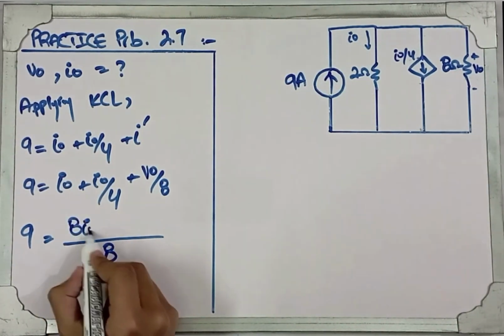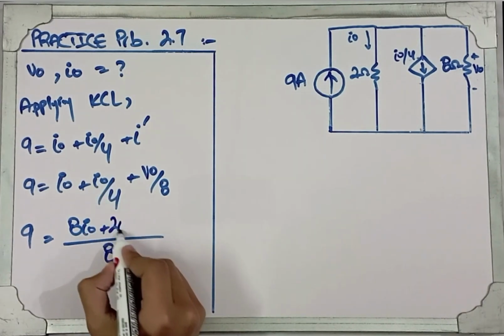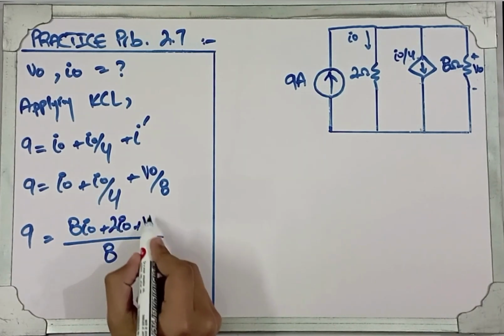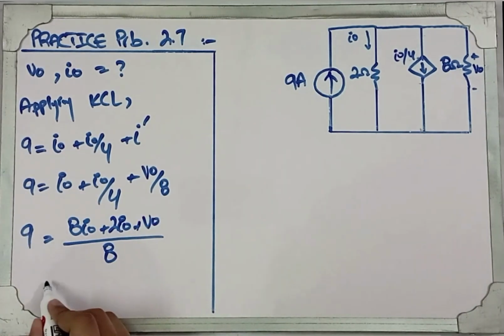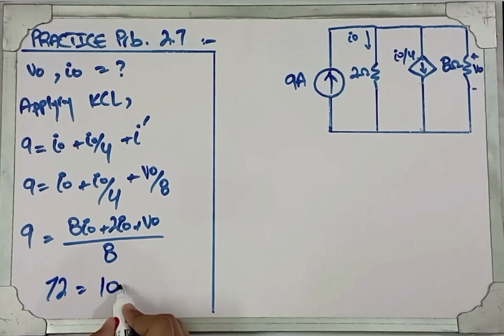That gives 8I0 plus 2I0 plus V0, and multiplying the 8 on the other side of the equation will give us 72 equals 10I0 plus V0.